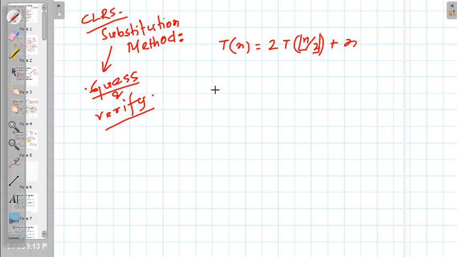So this floor of n/2, depending on how many elements there are, may be odd or even. In that case, we can have a better estimate.